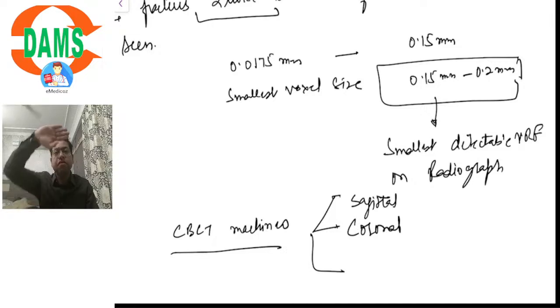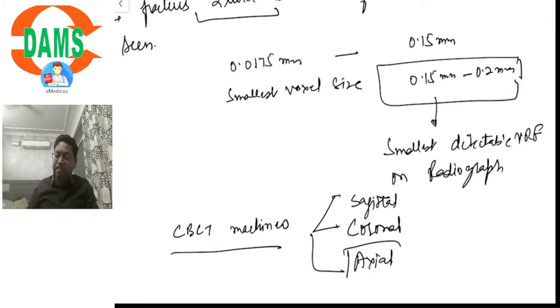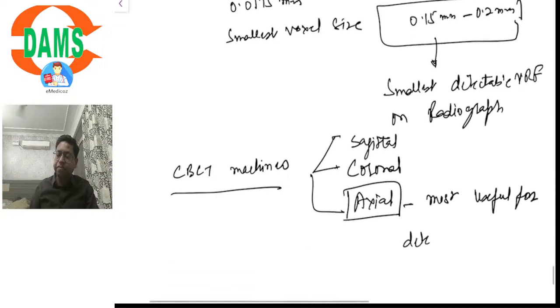And the third plane is the axial section, which is perpendicular to the long axis. Out of the three planes of section, the axial section is most useful for detection of VRF.